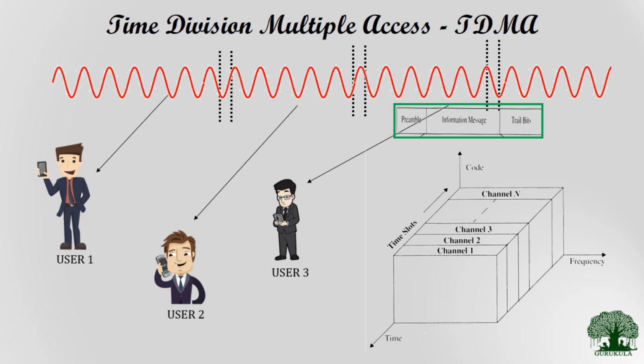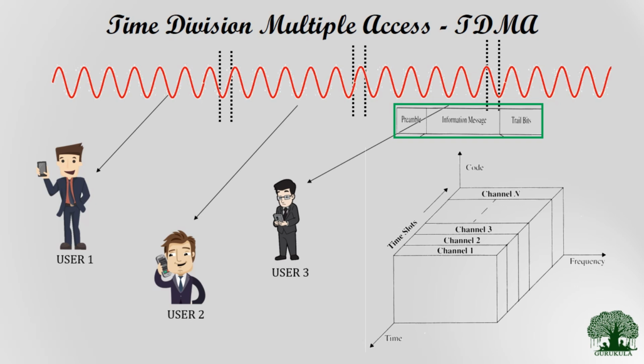But there are certain drawbacks with the FDMA and TDMA techniques. As far as FDMA is concerned, the users are limited to a particular frequency band, which means they can only send signals that fit within that particular frequency band. If a user wants a higher bandwidth, or wants to communicate signals of a very large bandwidth, he cannot do that with FDMA.